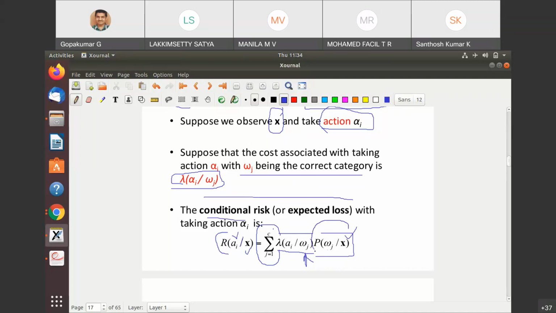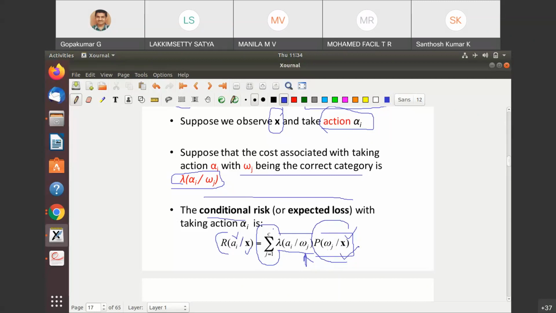So what is this term? Sorry, this is not the class conditional, this is the posterior probability. Because you are given x, what is the probability that it corresponds to wj? That is this particular term.